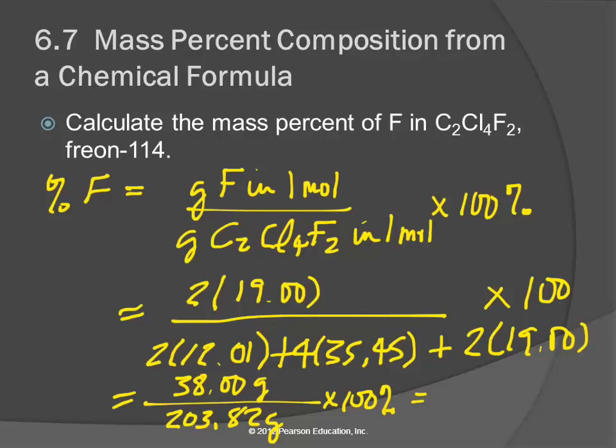And we end up, because of the molar masses we used, we can have 4 significant figures. 18.64% fluorine. So in 100 grams of that compound, there's 18.64 grams of fluorine. That's what the percent composition means.